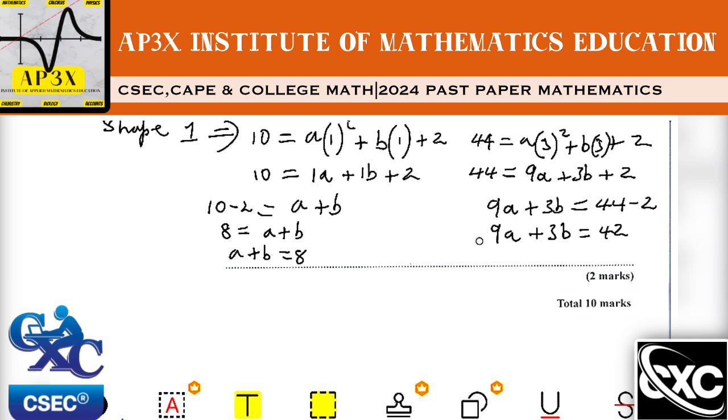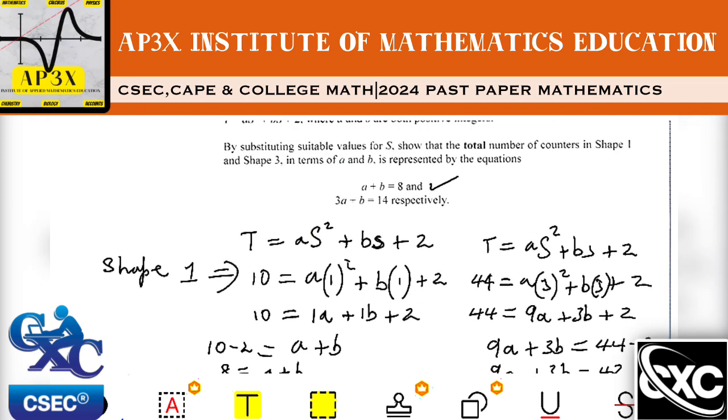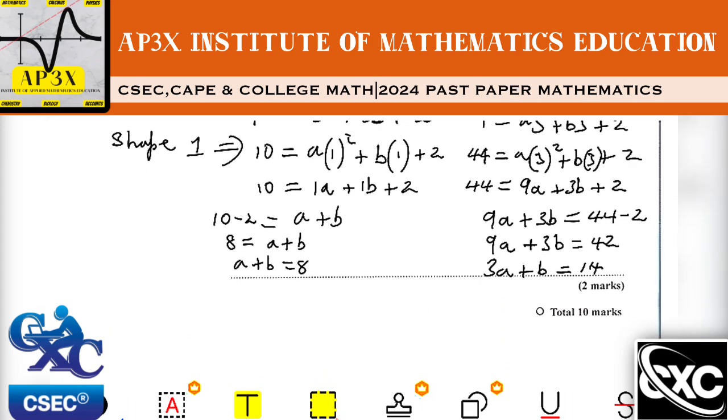So if we divide the whole entire equation by 3, then dividing 9 by 3, we end up with 3A. Dividing 3B by 3, we end up with B. And if we divide 42 by 3 here, we end up with 14, which basically proves this equation here. All right, so that's what we had to go through. It's a lot for 2 marks though, but that's the process of simplification. So we end up proving both equations.